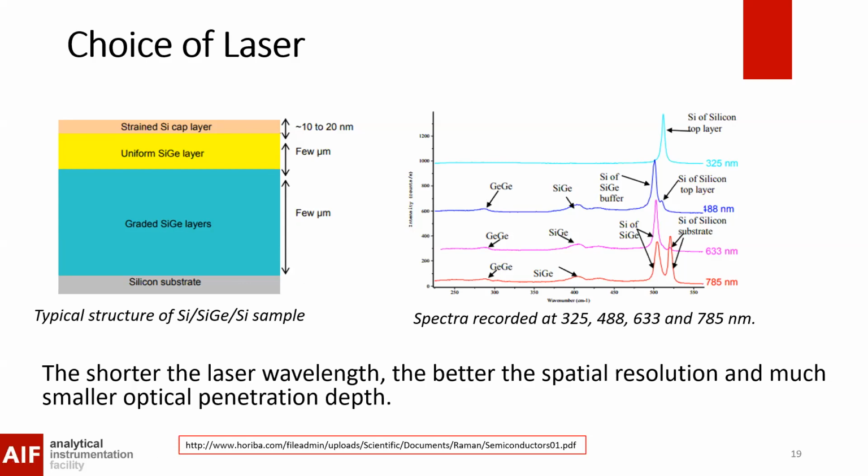And this penetration depth also depends on the materials. For example, it will work differently on silicon and germanium. Laser tends to penetrate more in silicon than in germanium.